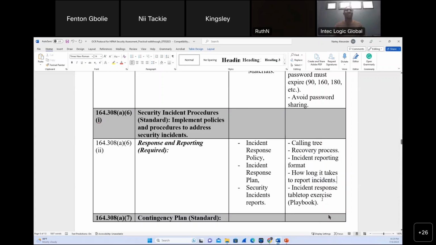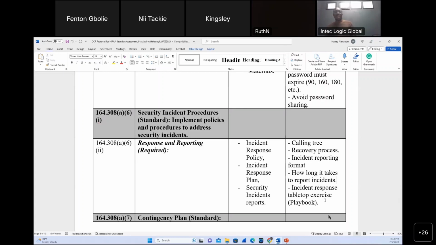Incident response tabletop exercise, playbook, right? They do a playbook exercise that, okay, assuming today somebody reports that somebody has taken over my account, I can't have access to my account anymore. What are we going to do as security? There needs to be a playbook.